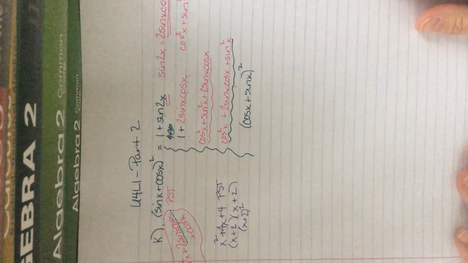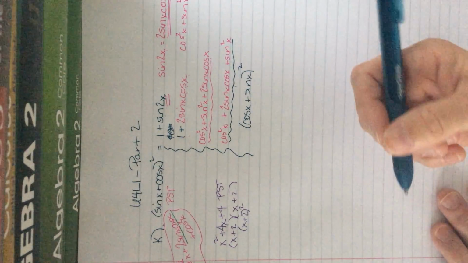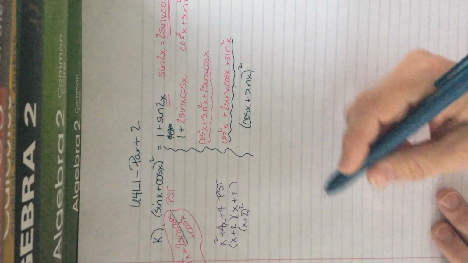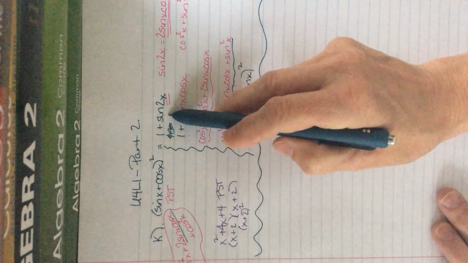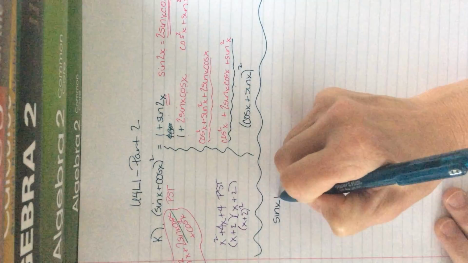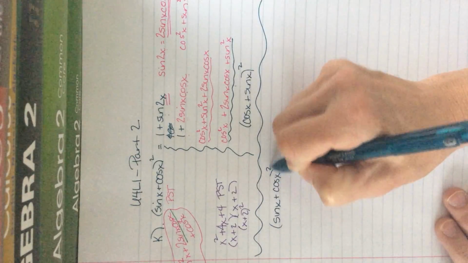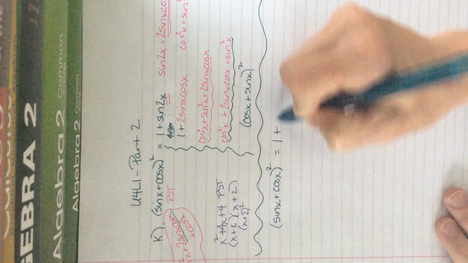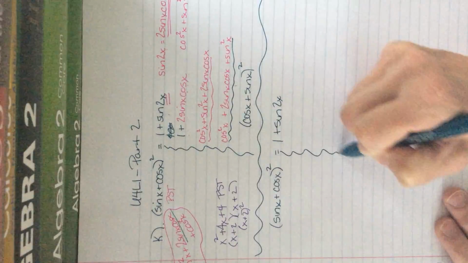So even though this doesn't look as clean and neat as this PST, this is still a PST. Okay, I did not include this in your notes, I don't think, but could we have worked with the left side instead of the right side? So (sine of x plus cosine of x) squared equals 1 plus sine of 2x.